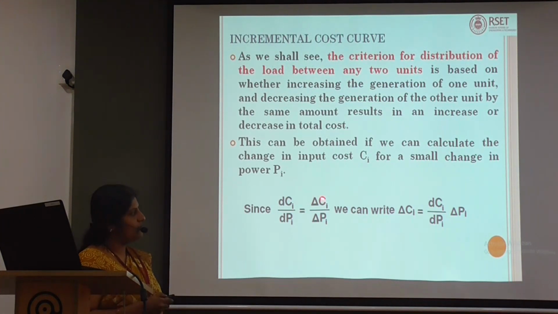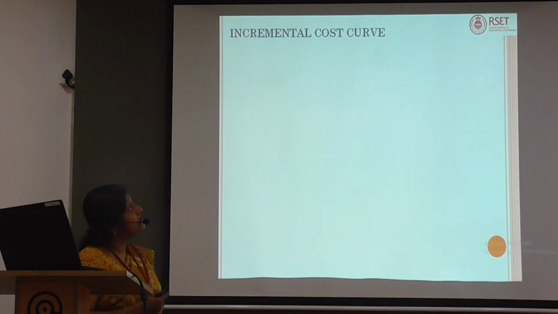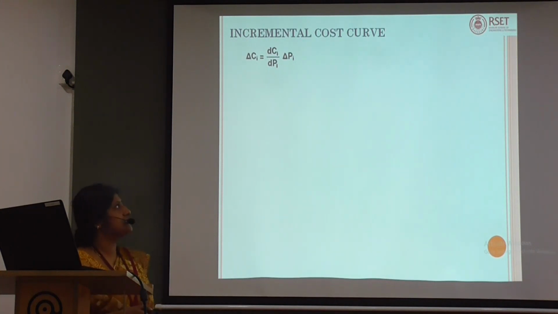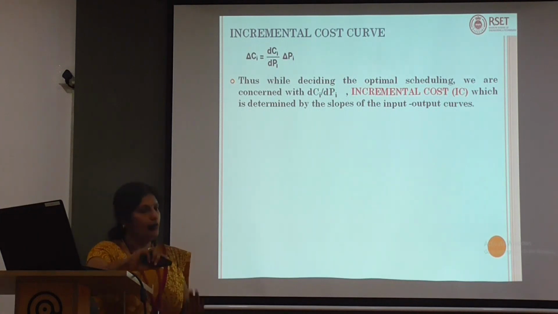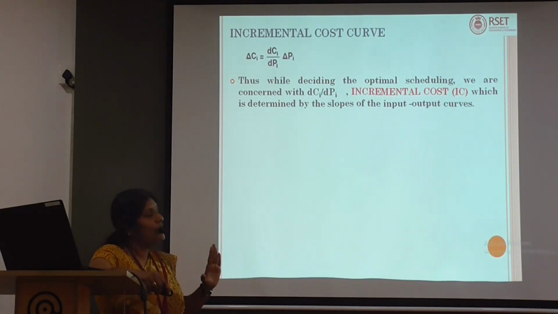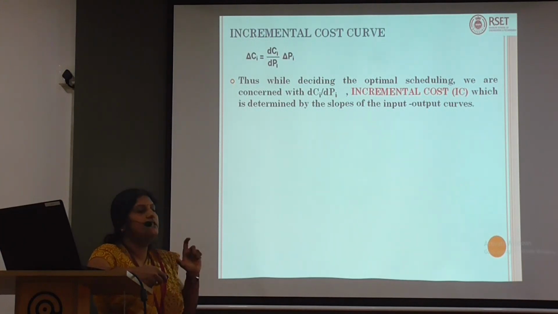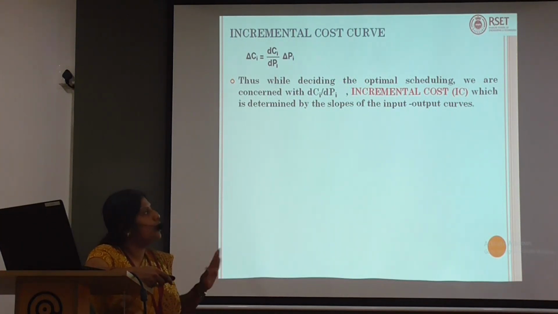Now from this, delta Ci can be represented as dCi by dPi into delta Pi, so that we can find out the change in cost. This is very important. For optimal scheduling, we are mainly concerned with this factor, dCi by dPi, which is called the incremental cost, and it is determined from the slope of the input-output curve.